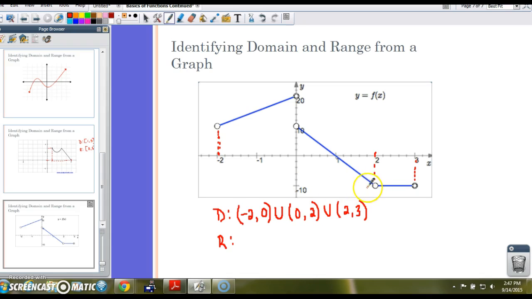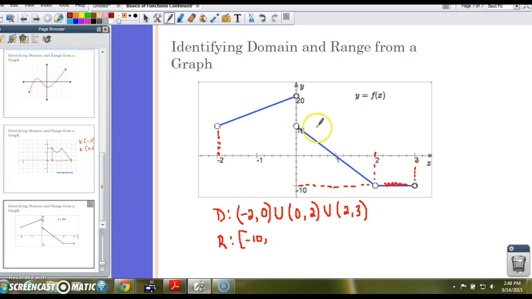When we look at the range, our smallest value in the range is at this -10. And here's where this can cause a little bit of trouble for people. They say, oh, well, there's an open circle, so I can't include -10. But in fact you would, because in this part of the graph it is included. Okay, so I am going to include -10 as part of my range. And I'm going to go up to +10. And it looks like my graph, there is no y value here, right?